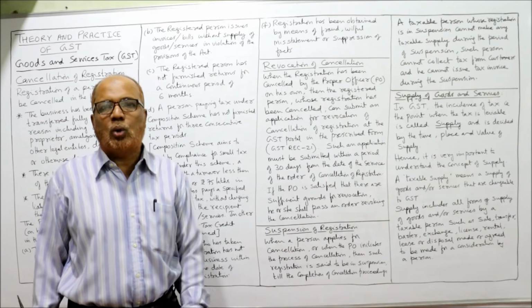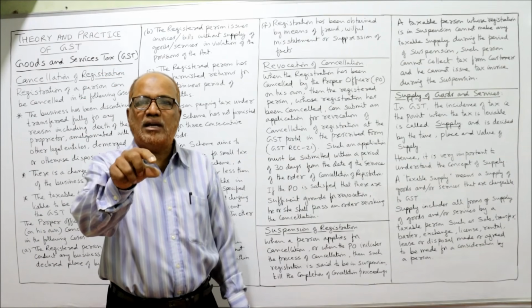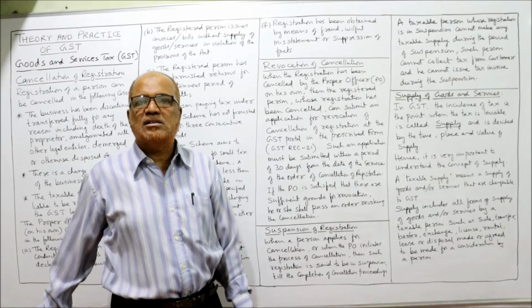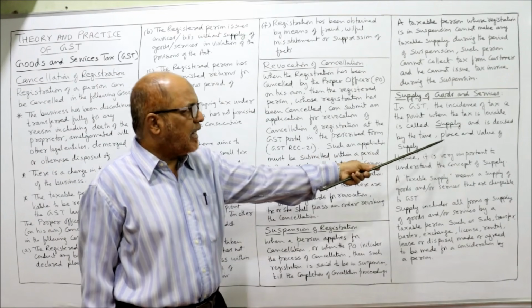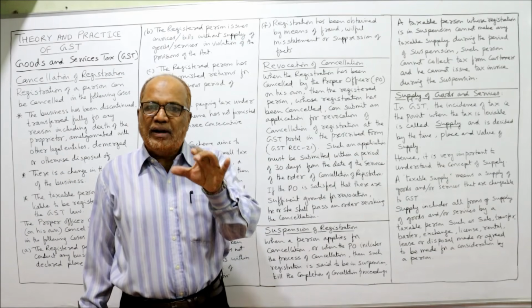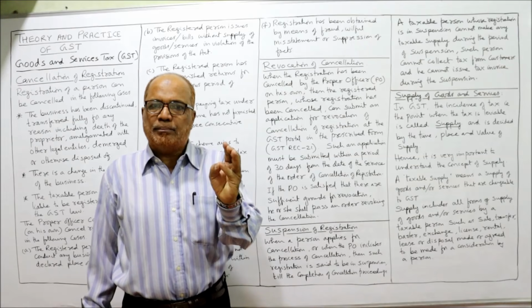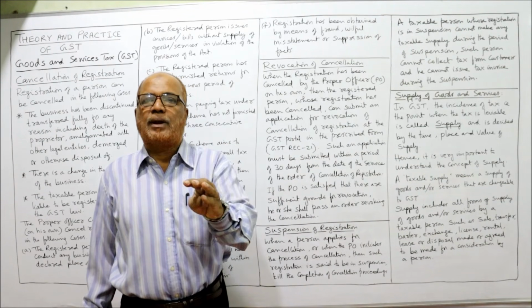Everybody must know the meaning of the term supply, because supply is the point at which GST is levied and is decided by the time, place and value of supply. The GST will depend on the time, on the place, on the value of supply.